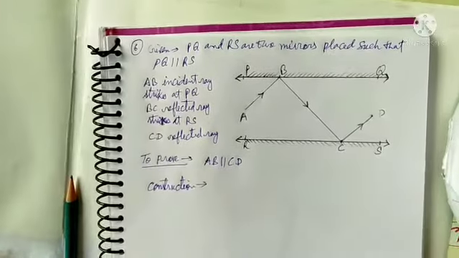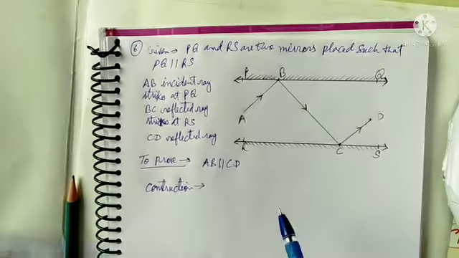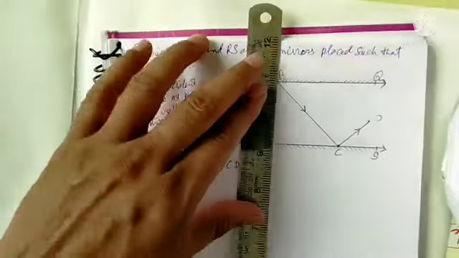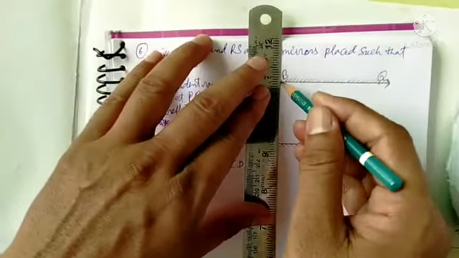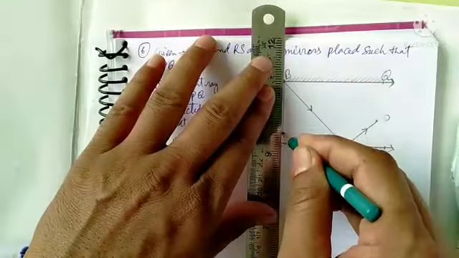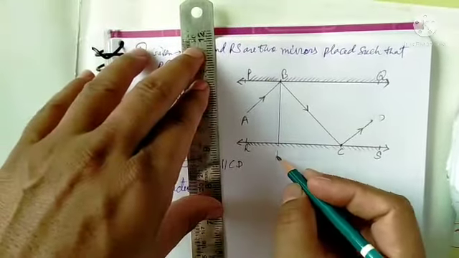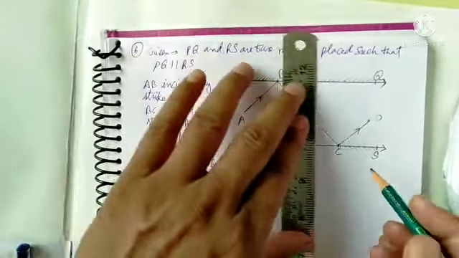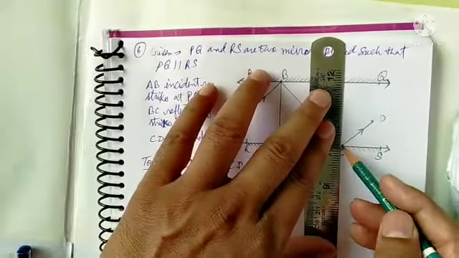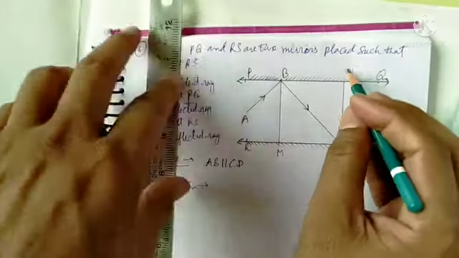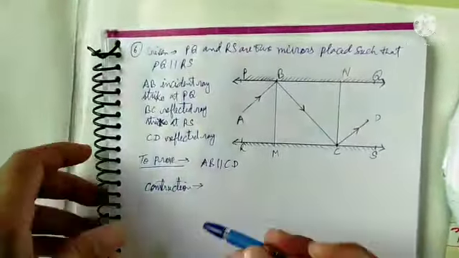So first of all students, for this we need some construction. What to construct? I am constructing here one perpendicular from PQ, BM, and here I am taking one more perpendicular, CN. See, I am writing here.